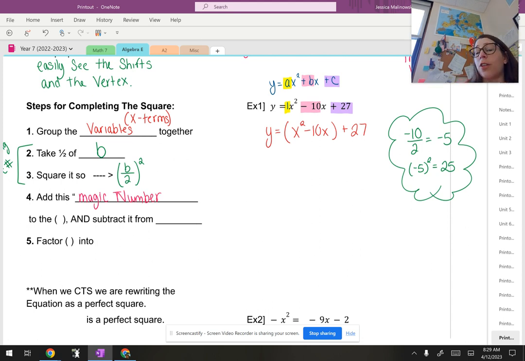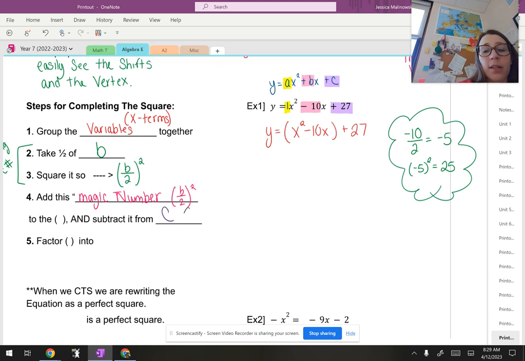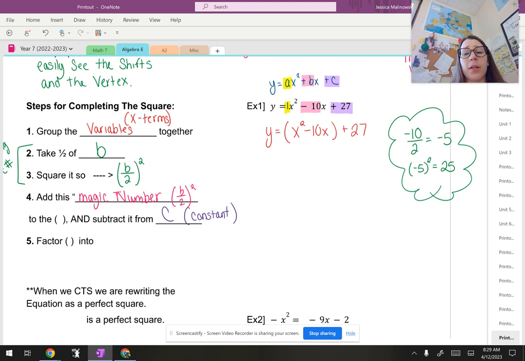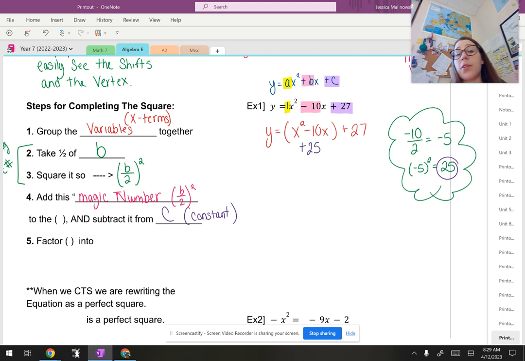Take that magic number, that b divided by 2 quantity squared, and add it to the parentheses and subtract it from c, aka the constant. All right, that's wordy, but it makes sense when you do it. So the magic number was 25, so I'm adding 25 to the inside of my parentheses.